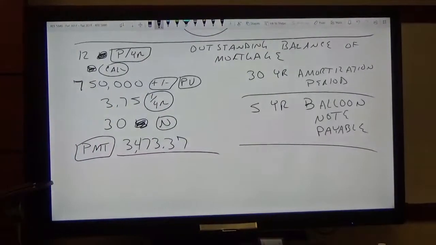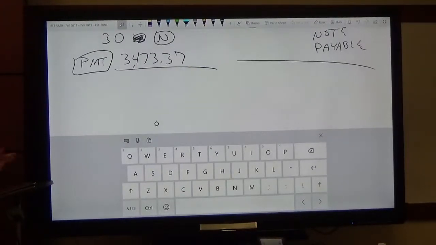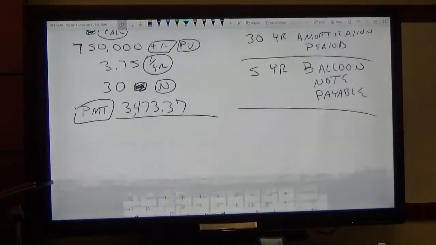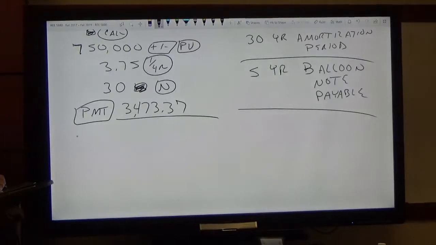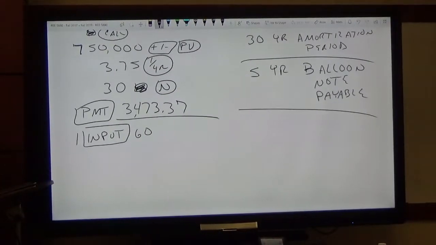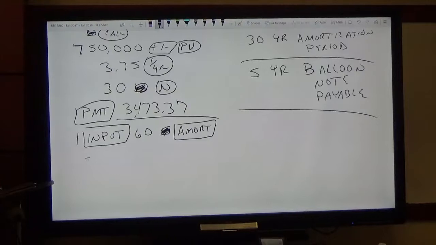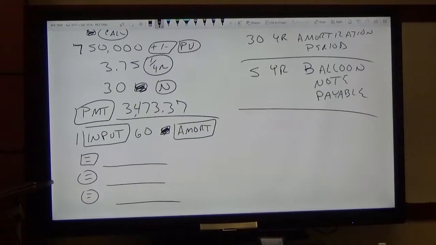We're going to get into a deeper explanation of some of this a little later, but for today, much like we did earlier: one input, in this case 60, and I'll explain this in a second, shift, amortize, equal, equal, equal. Right now, just push the buttons and I'll explain in a minute.